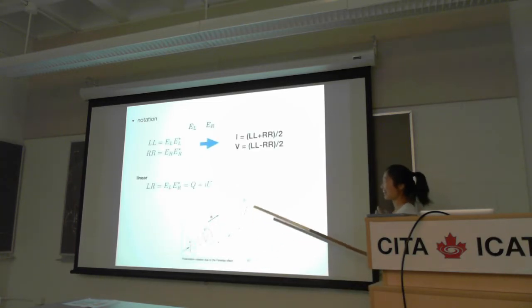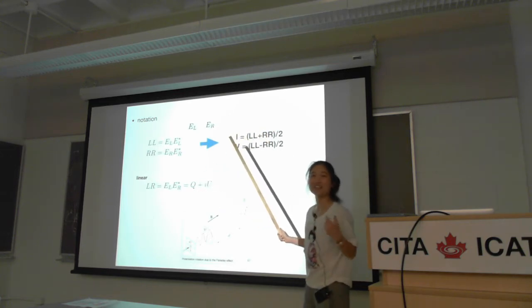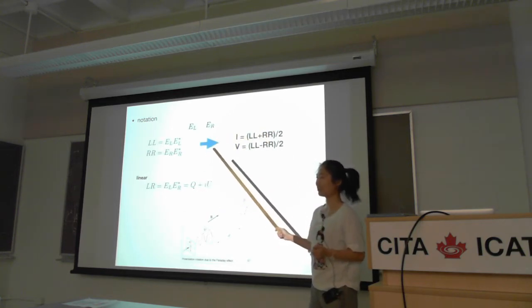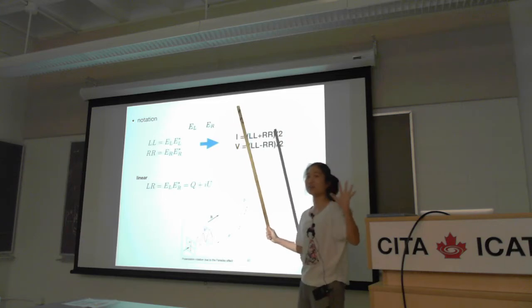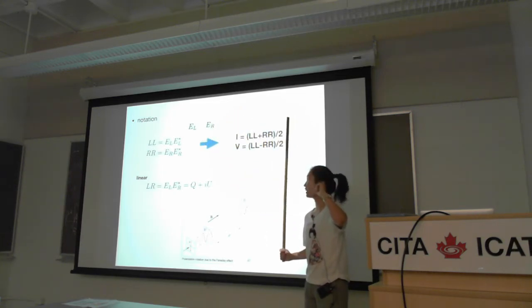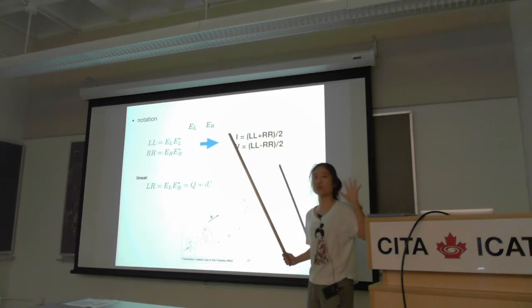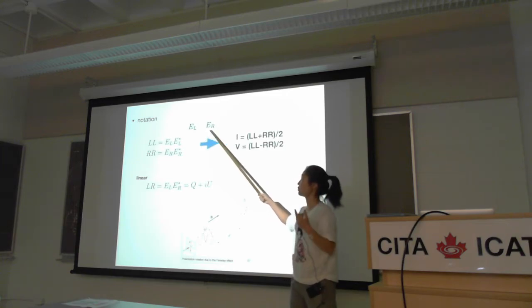Before I enter the next stage, just in case, I want to clarify the notation I used. We are looking at the circular basis of the polarization. When you have an electromagnetic wave, you can decompose it into a left circular polarization and a right circular polarization.